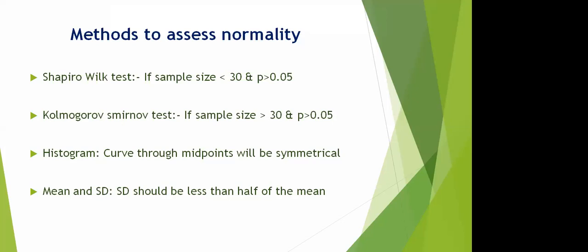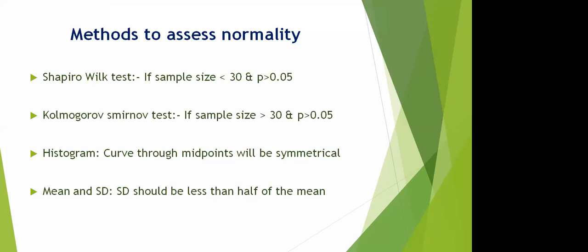For a large sample, we use the Kolmogorov-Smirnov test. If the sample size is more than 30, we can use the Kolmogorov-Smirnov test for testing normality. To decide whether the data is normal or not, if the significance is greater than 0.05, the data is normal.